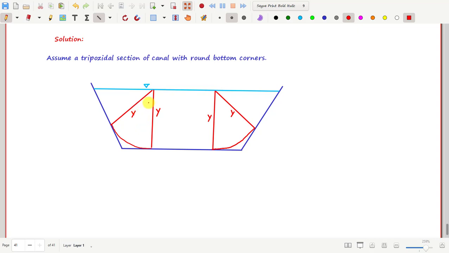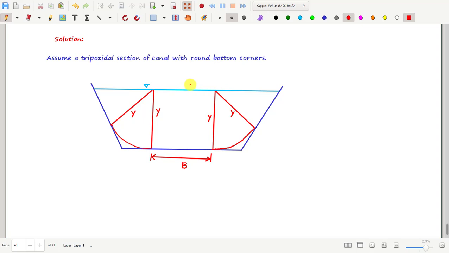And what else have we derived previously? This distance from here to here is going to be our b, the width of the canal, which we are supposed to find, right? This is going to be b.